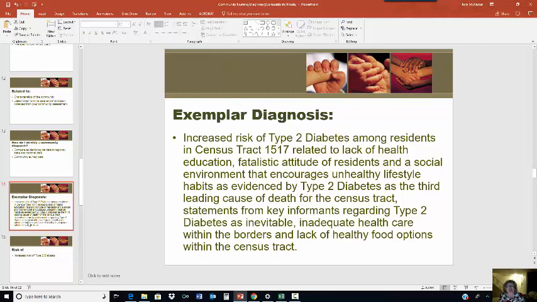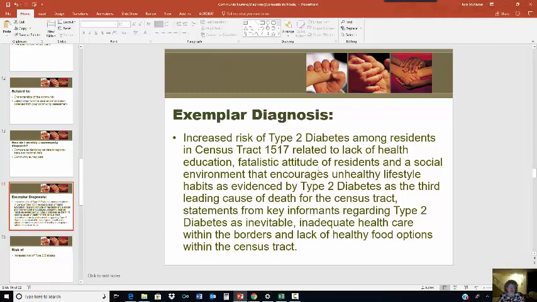Related to lack of health education, fatalistic attitude of residents, and a social environment that encourages unhealthy lifestyle habits, as evidenced by type 2 diabetes as the third leading cause of death for the census tract. Statements from key informants regarding type 2 diabetes as inevitable, and inadequate health care within the borders, and lack of healthy food options within the census tract.